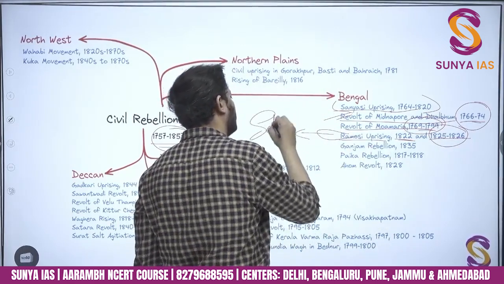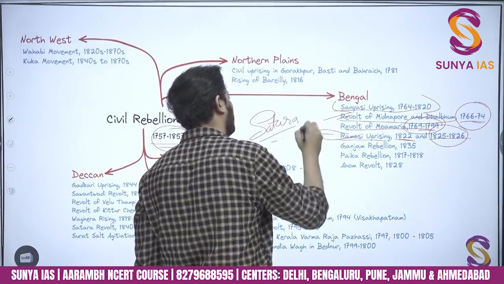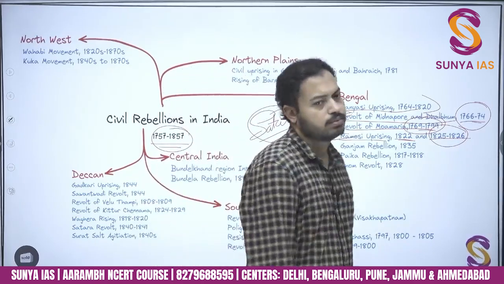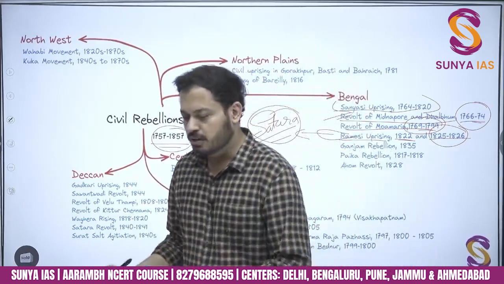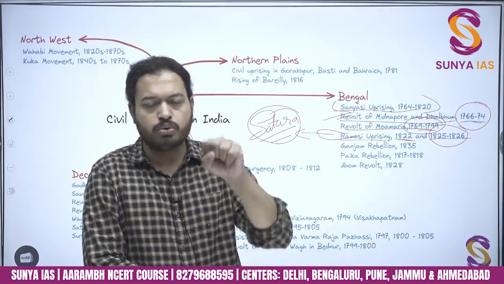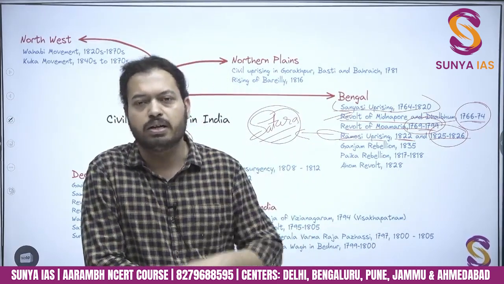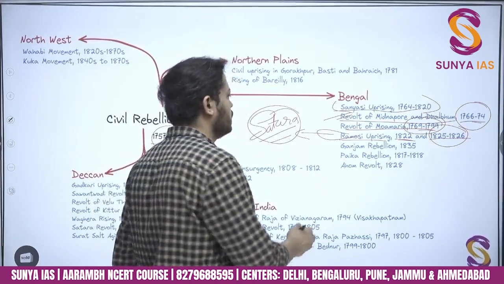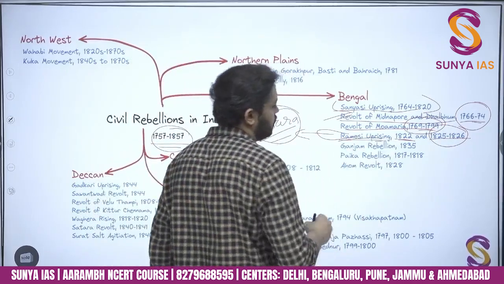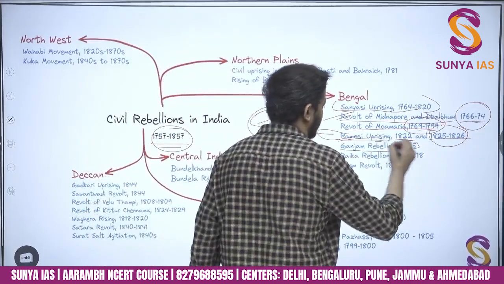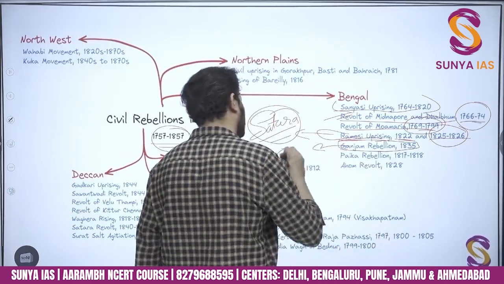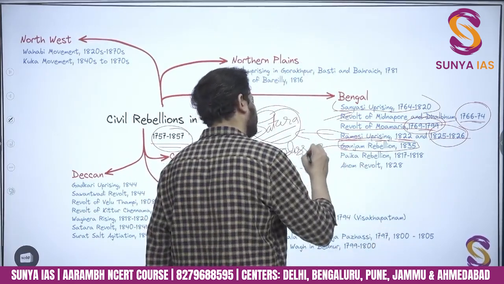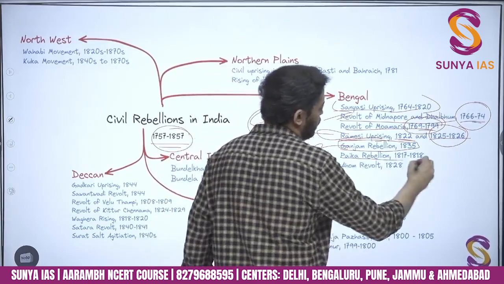Okay, so in the aftermath of the end of the Maratha Empire, when Chhatrapati was reduced to the office of Raja of Satara, immediately after this you see a rebellion in the Maratha region. Ganjam rebellion in 1835. This is in Odisha, when the local ruler was removed. Paika rebellion.